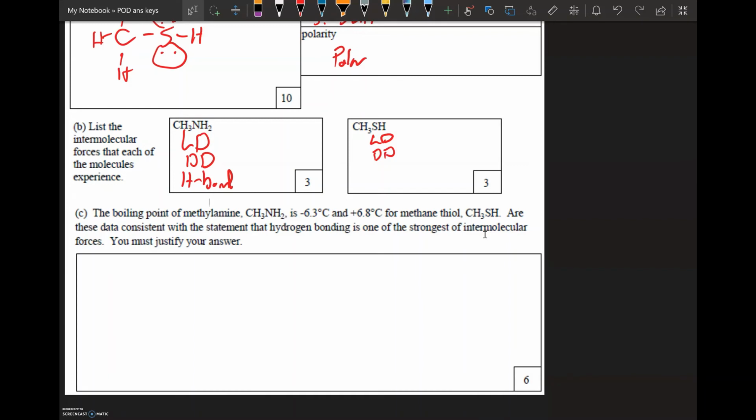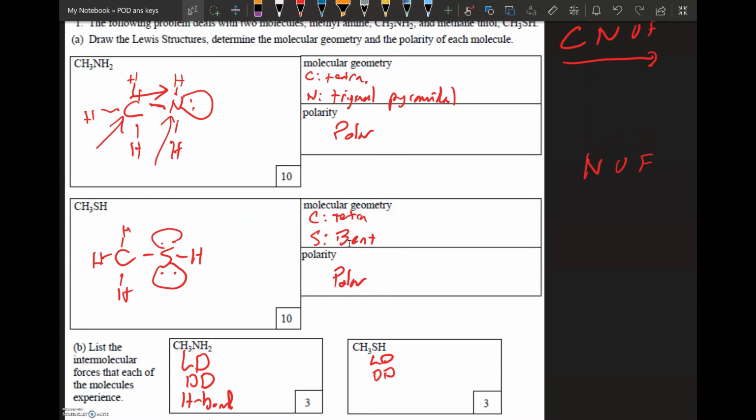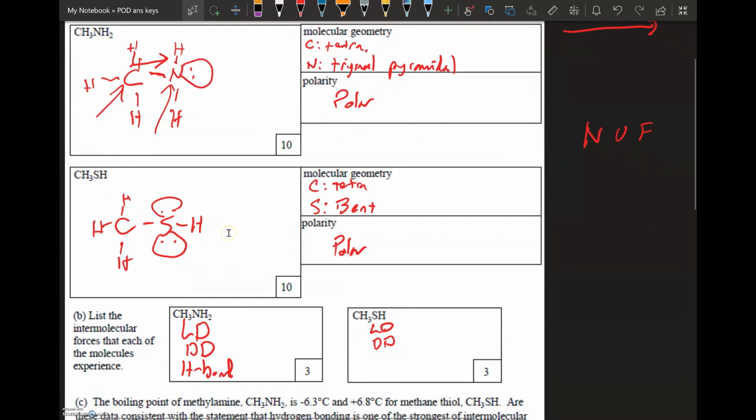All right. So in this case, it's a clear example of the methane thiol having a larger boiling point than the methylamine. Now, what could be the reasoning behind this? Well, if we look at the structures, surface area also does play a role, along with molar mass.